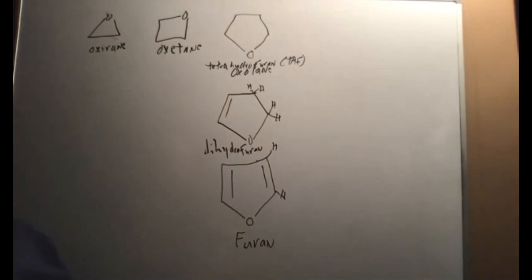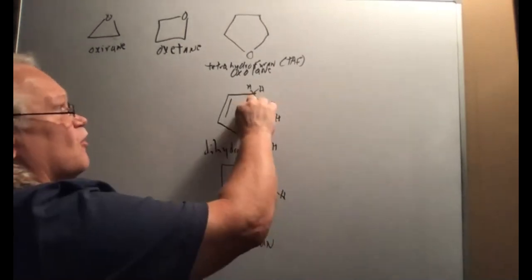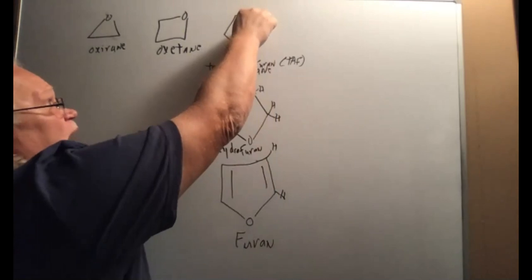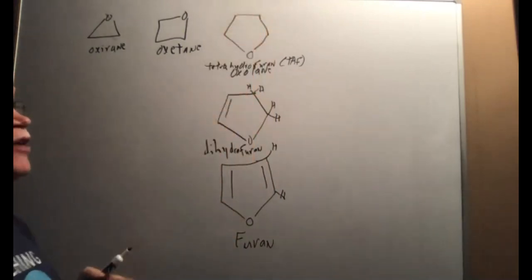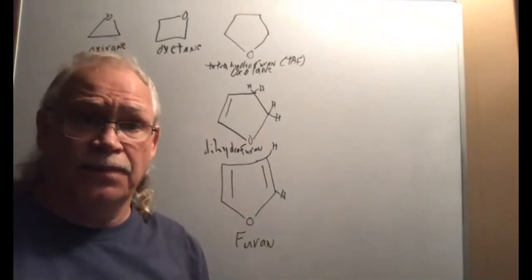Remember, we talked about that compound earlier whenever we were talking about the exposed electrons. So this is furan, dihydrofuran, or tetrahydrofuran. And tetrahydrofuran is also called oxolane.